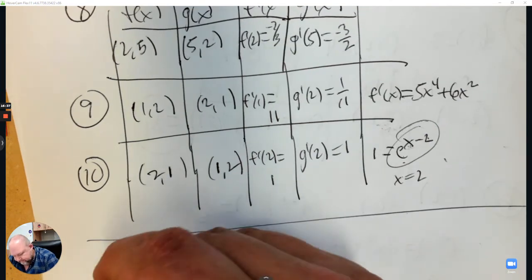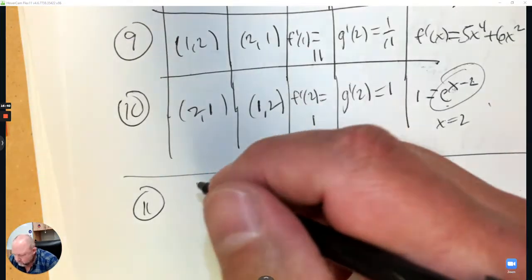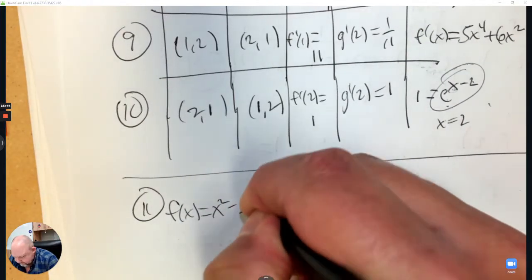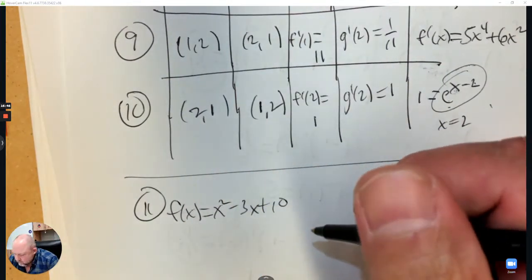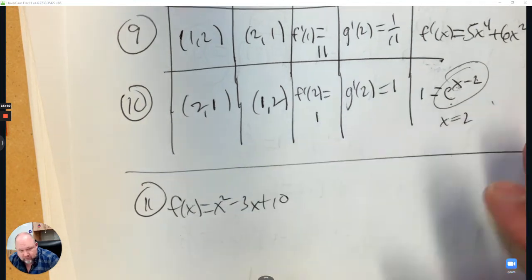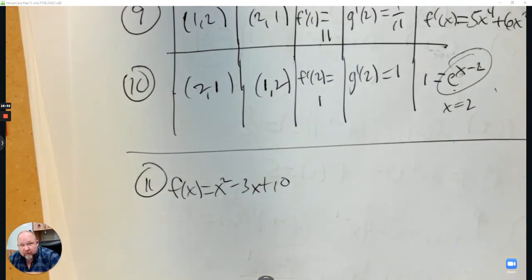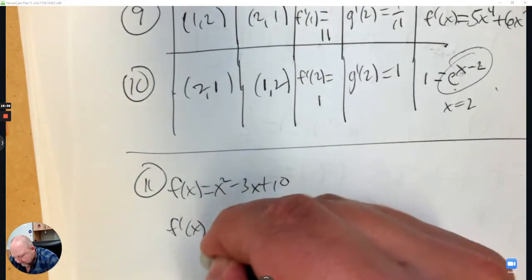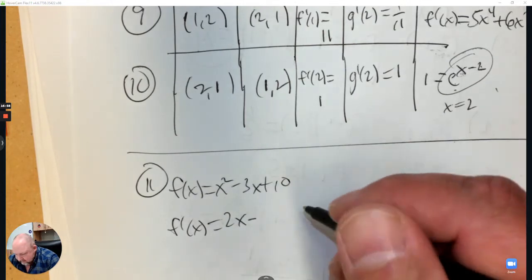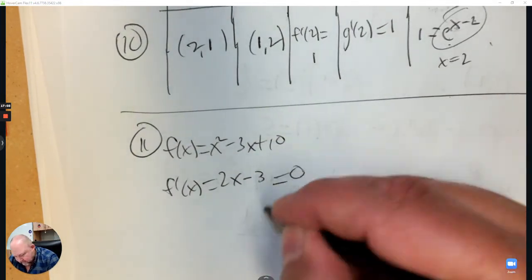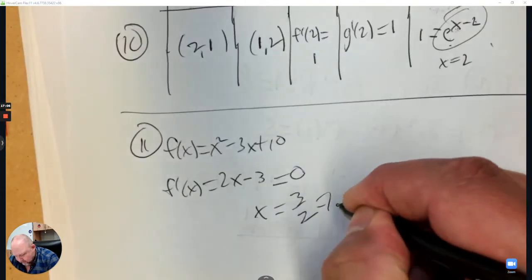Number 11. You have a function, and it says find the largest interval in terms of it having an inverse function. So that would mean the largest interval in terms of only increasing or only decreasing. So I'm going to take the derivative, make it equal to 0 and solve it. So that's like 1.5.